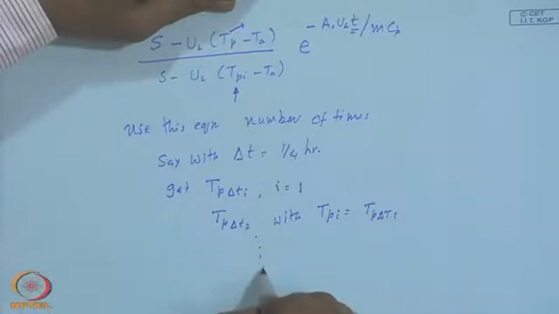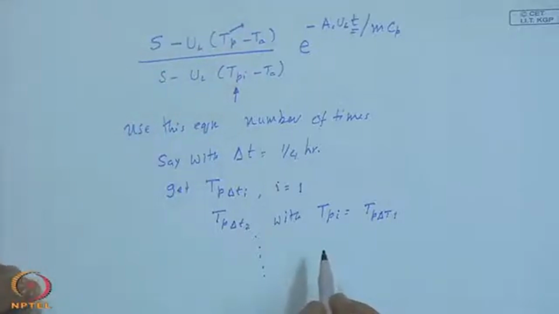Like that you can continue, feed the temperature at the end of the time interval as the initial temperature for the next time interval, and in that process take into account your variation of the solar radiation and the ambient temperature. Consequently, repeated use of this quasi steady analysis is likely to yield acceptable unsteady state performance, and you are only assuming for a short period of 15 minutes or 10 minutes the solar radiation to be constant.